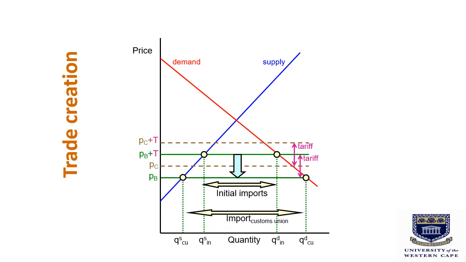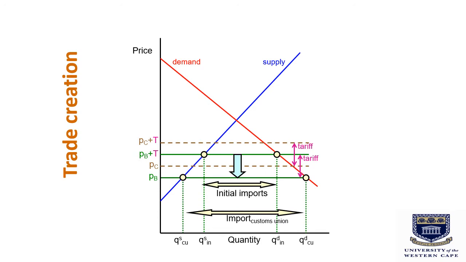And we'll show why. And also, for us to show what trade diversion is, or a loss to our society, then we will show what it is to enter into a trade agreement with the least efficient producer.